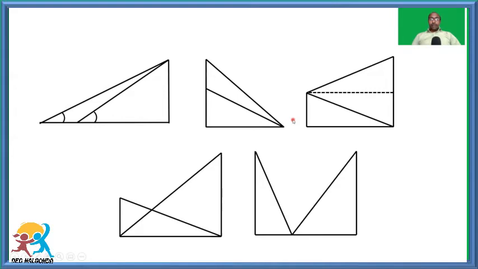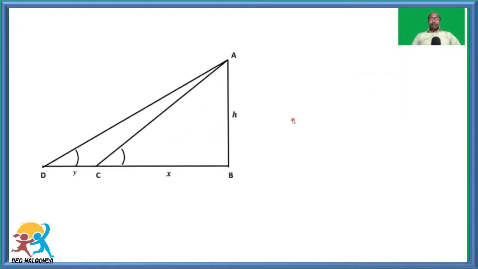For example, take one figure. In this figure, tan C is equal to h by x. Tan C is equal to opposite by adjacent, that is h by x.